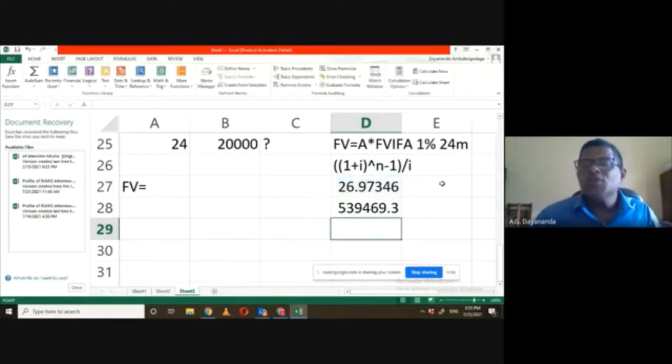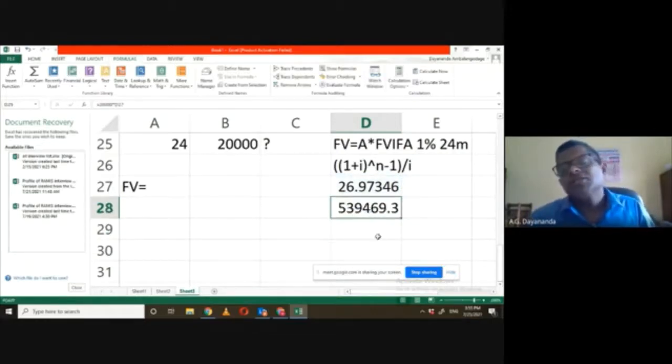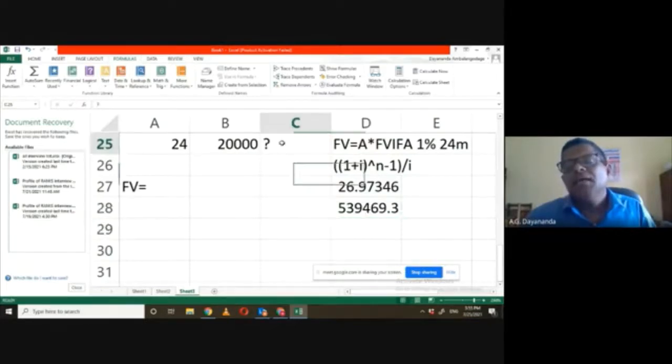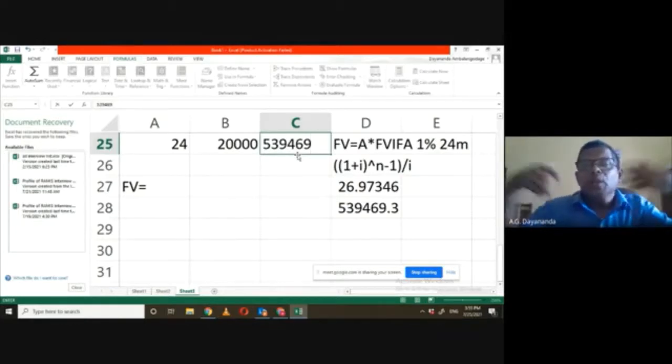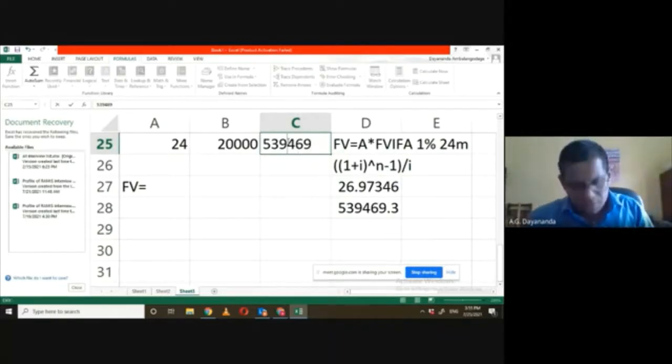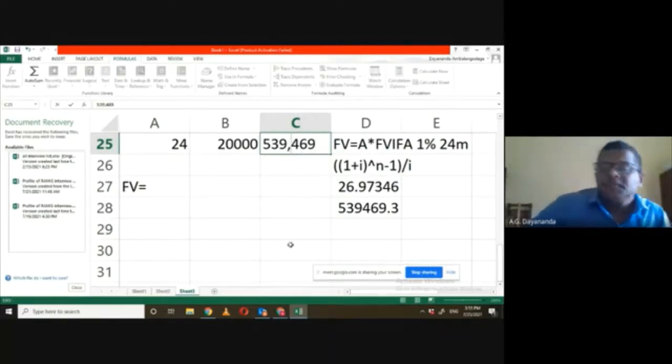So your future value would be so much. 539,469. At the end of the 2 years or the 24 months, your fund, the account balance, would be so much. That is the answer.